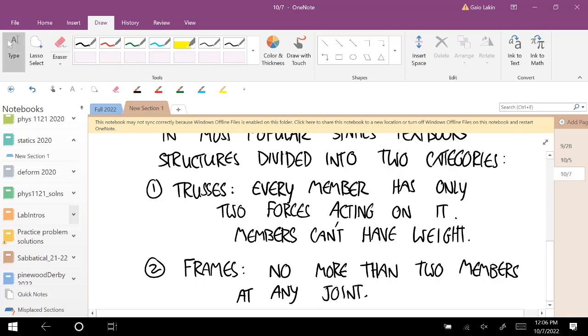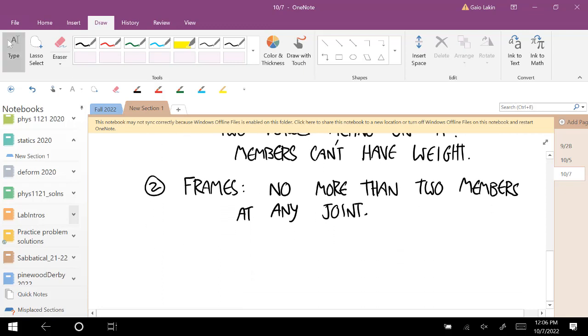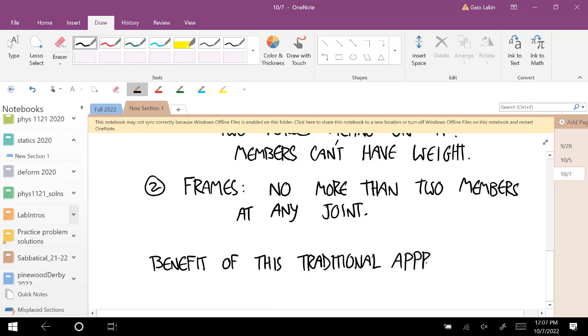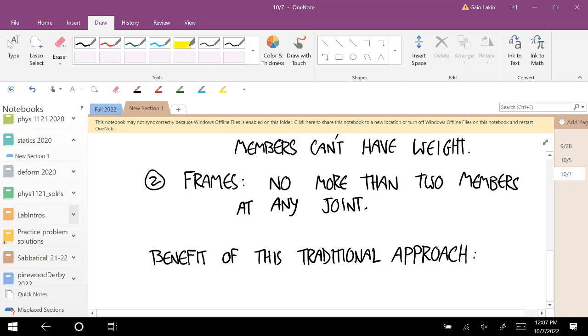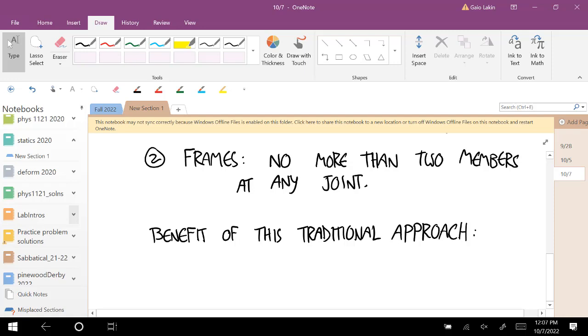Okay, so why do they do that? What's the benefit of this traditional approach? And that's just that you can cut down the number of variables and the number of equations a lot.